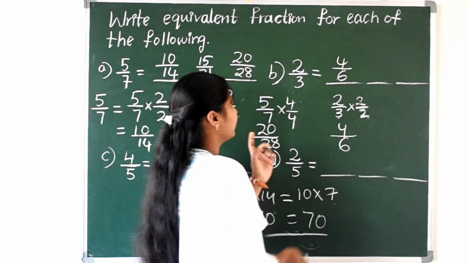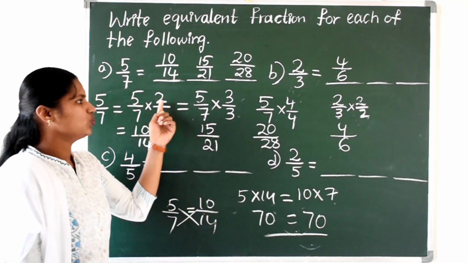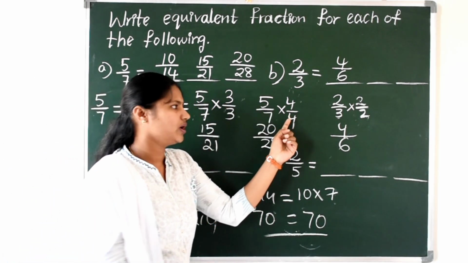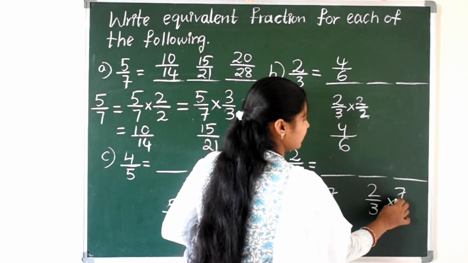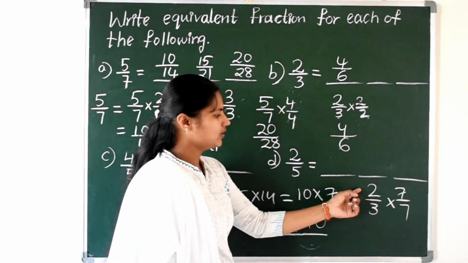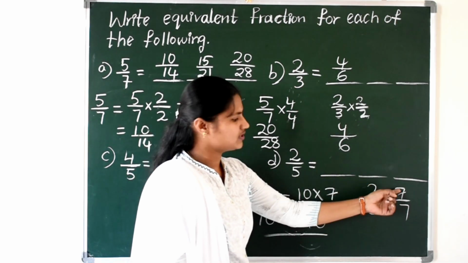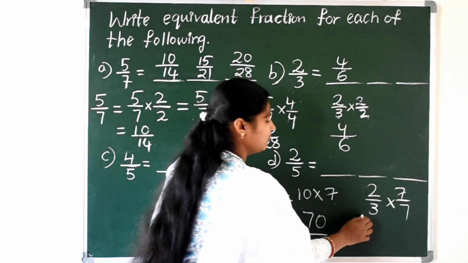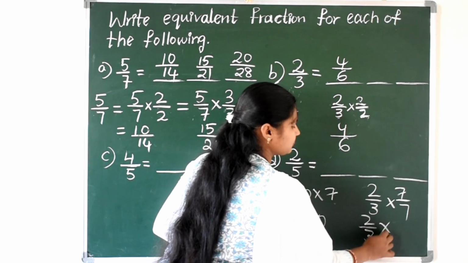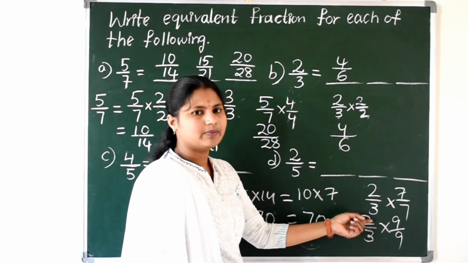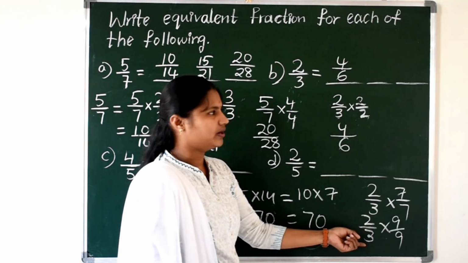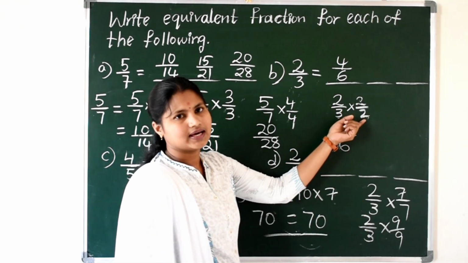I am taking numbers in ascending order: 2, 3, 4. You can take any number, for example 7 or 9. Multiply the numerator and denominator by it. Here I am taking ascending order.